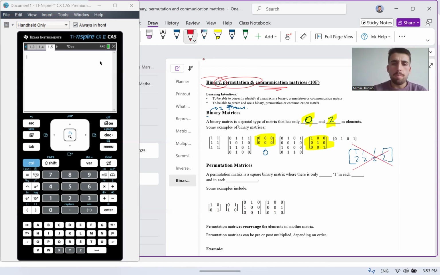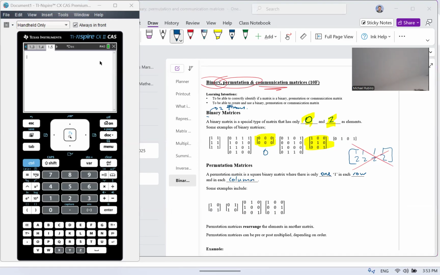A permutation matrix is a square binary matrix where there is only one number one in each row and in each column.